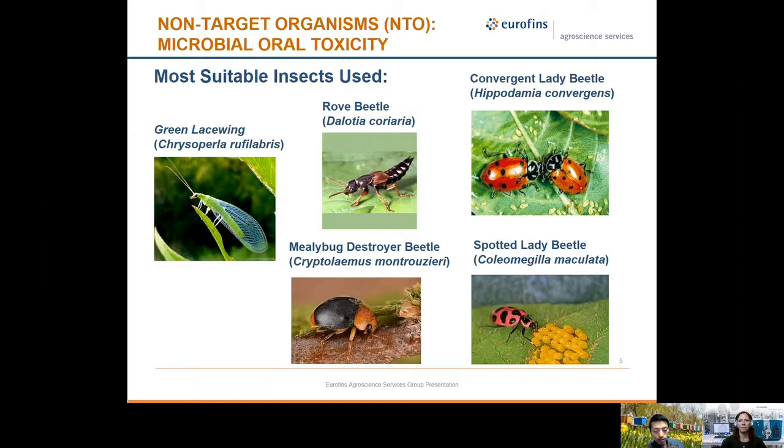The spotted lady beetles on the lower right hand side, they are lab reared and field collected. But if you choose to do tests with the field collected spotted lady beetles, they will only be available between May and June, but it's a lot cheaper to conduct a test. But if you want to do a test on spotted lady beetles anytime outside of May and June, they can lab rear them, but it's much more expensive.